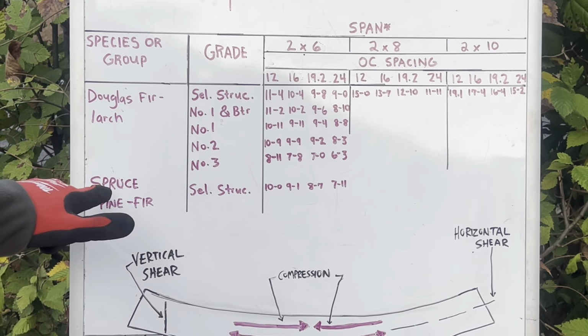The allowable span is 9 feet 1 inch. So what that basically is, depending on the size of your joist, whether it's 2x6, 2x8s, or 2x10s, you got an allowable span.